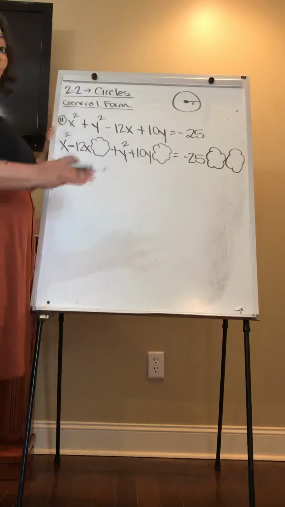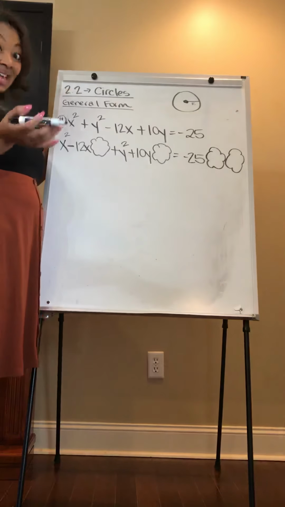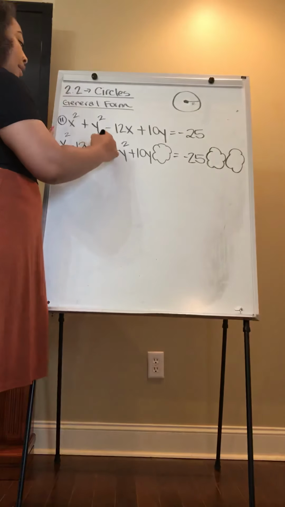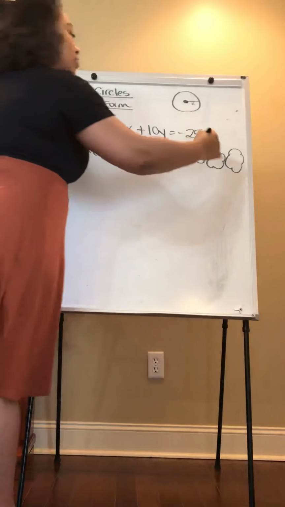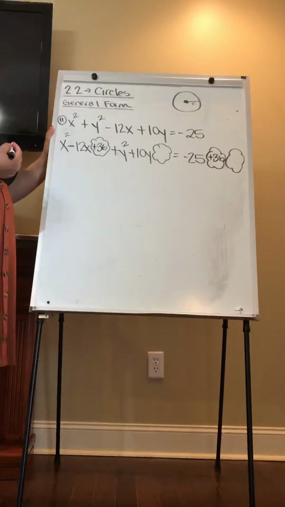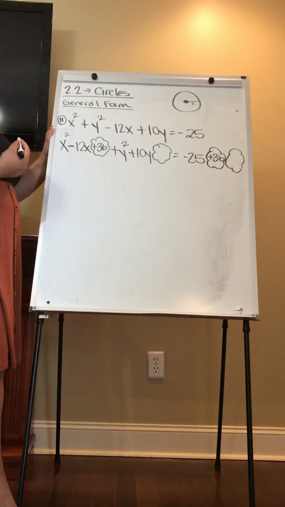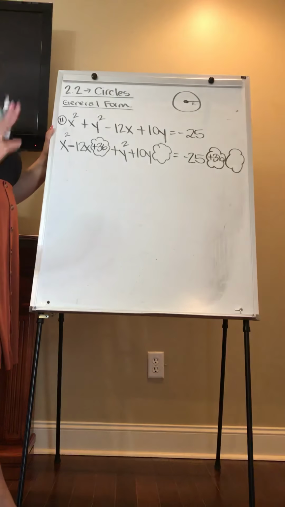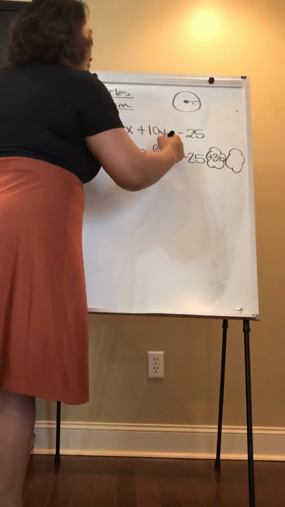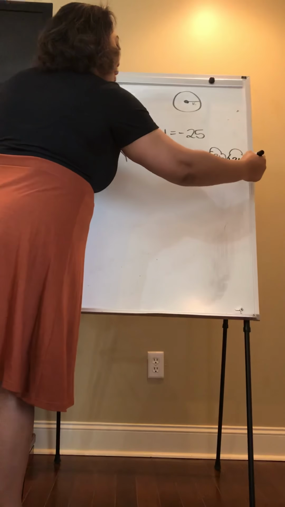So I'm just looking at 12, not negative 12. So half of 12 is 6. 6 squared is 36. So you're going to put positive 36 on both sides. Do the same with my y. My 10, half of 10 is 5. 5 squared is 25. So I'm going to put plus 25 on both sides.